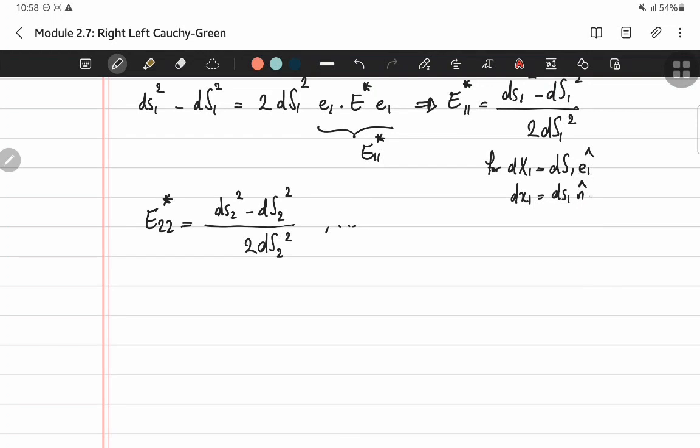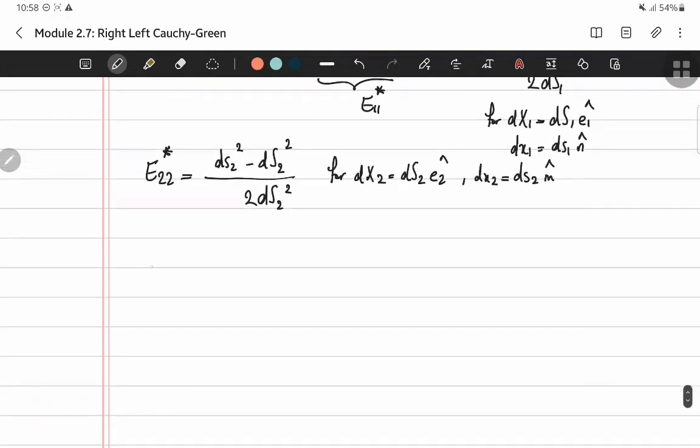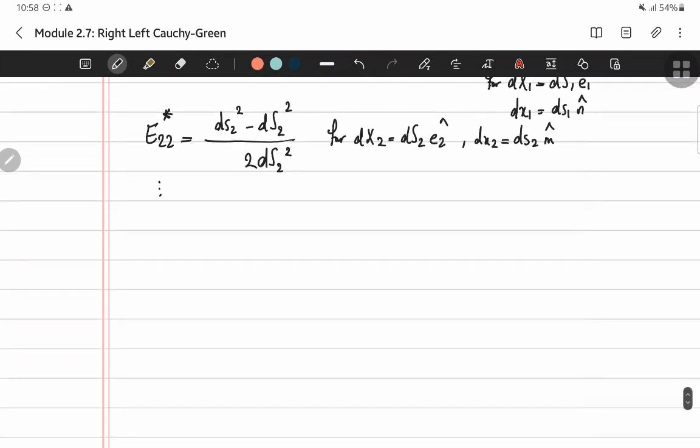We are not sure about this, but we know that in the reference configuration it is in the direction of E1. So here we can write dx2 equal to ds2 E2, and d small x2 equal to ds2, for example m in here. And you can write E star 3, 3.